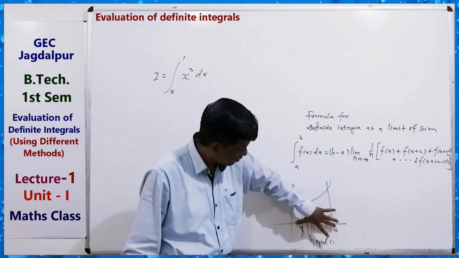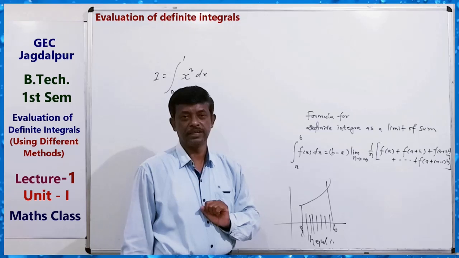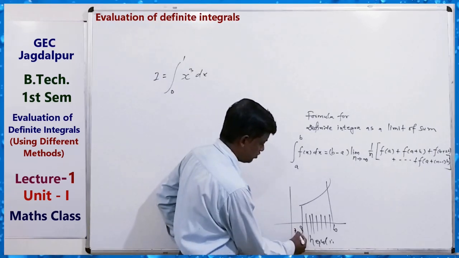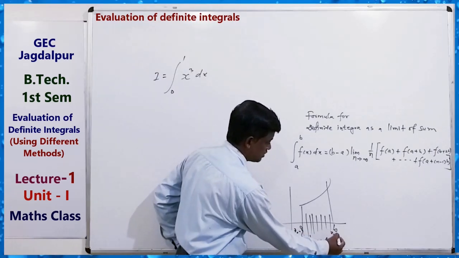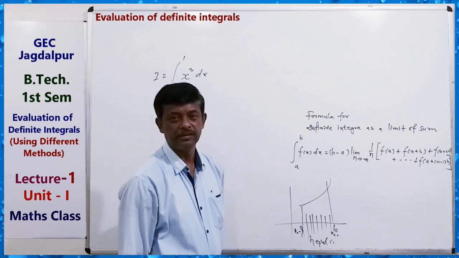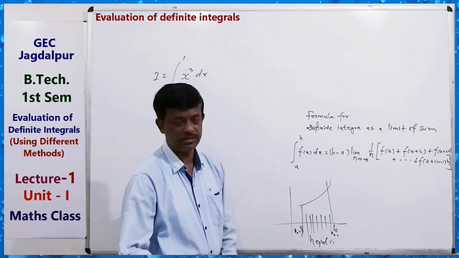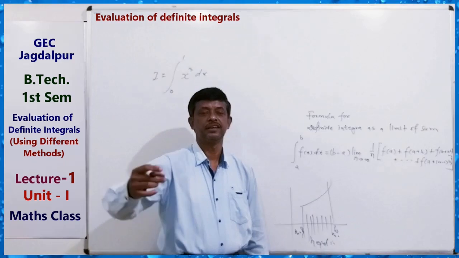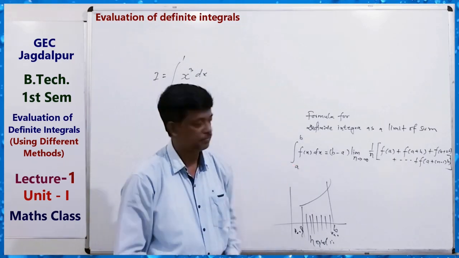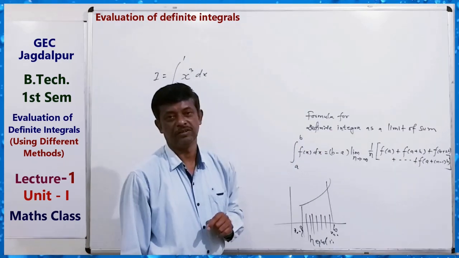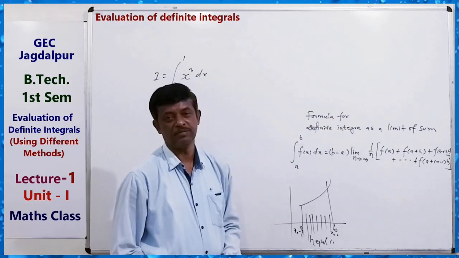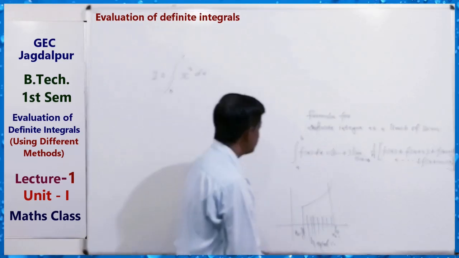The first value is x0 equals a, and the final value is a plus (n minus 1)h because there are n parts. Now this is the formula for definite integral as a limit of sum. By using this formula you can get its value.